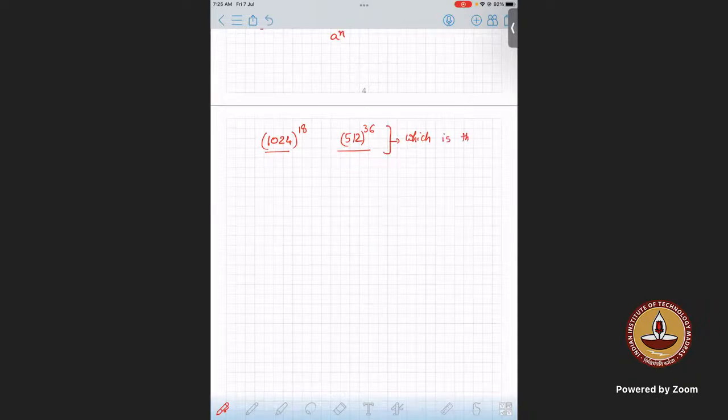Which is the greater value? So 1024 power 18 is the greater number, sir. Let everyone answer that. So 512 power 36.